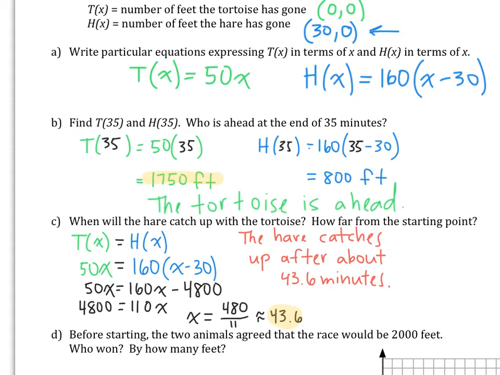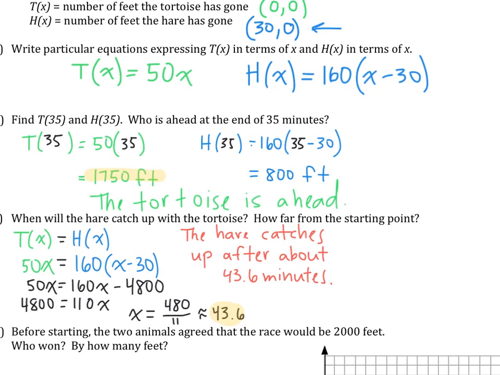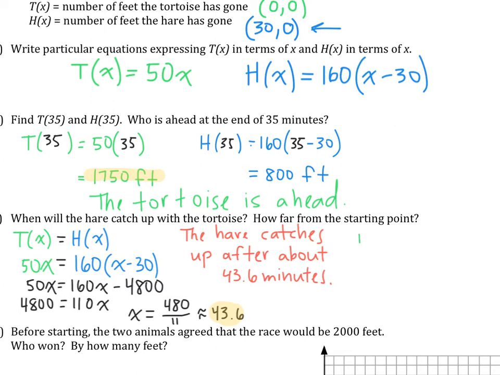I know we're going to solve for when t of 43.6 is equal to h of 43.6. Okay, those are the same, right? So all we need to do is go ahead and plug in.